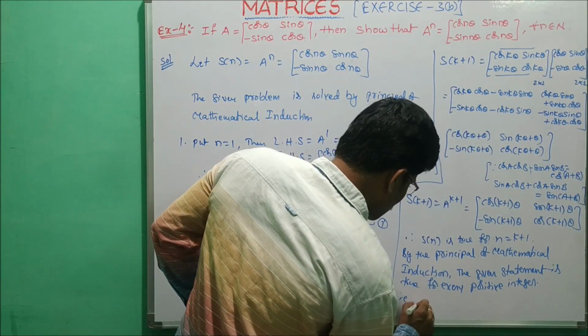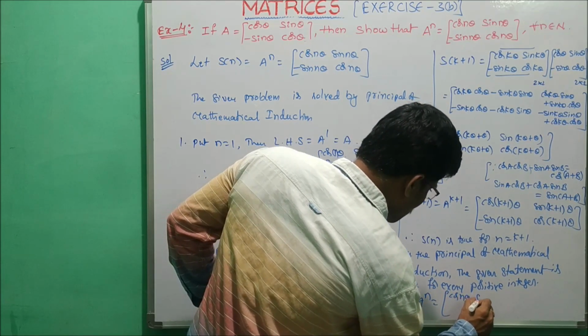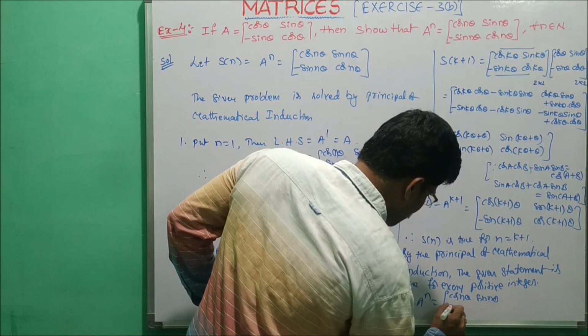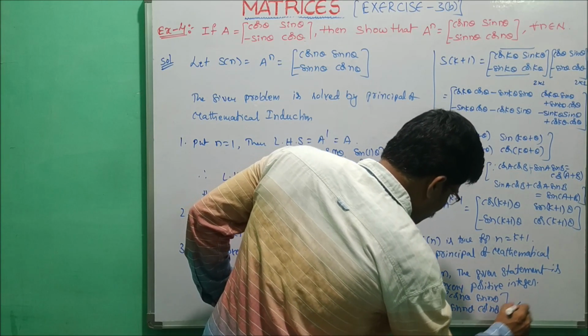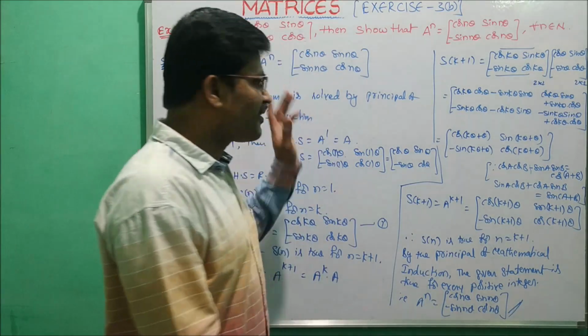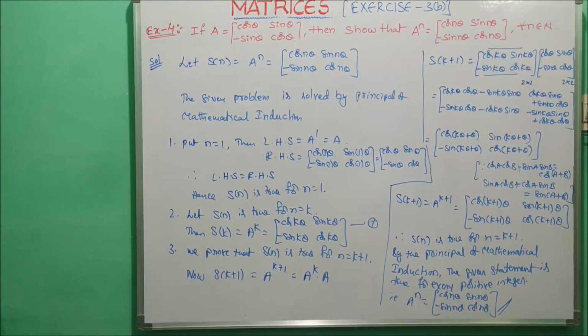That is, A power n equals the matrix cos nθ, sin nθ, minus sin nθ, cos nθ. So this is the proof of this problem. This is the solution. Please note down.